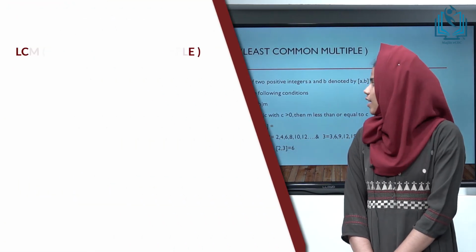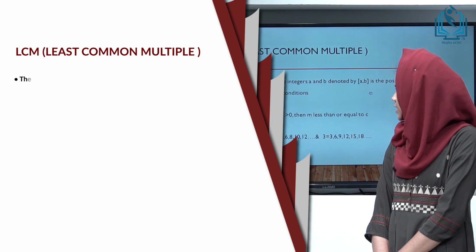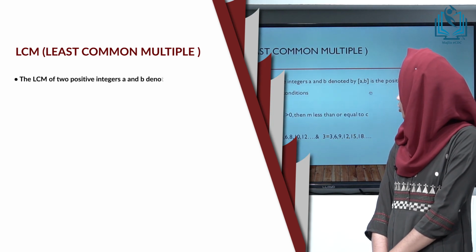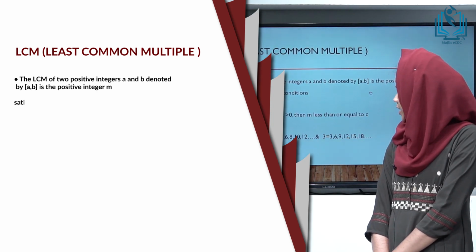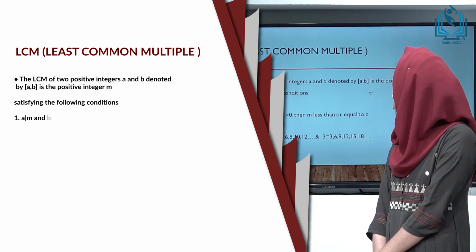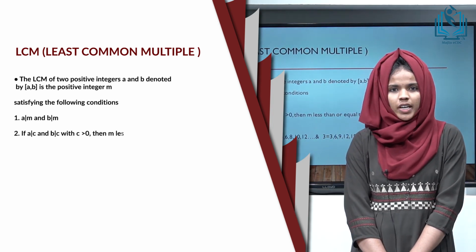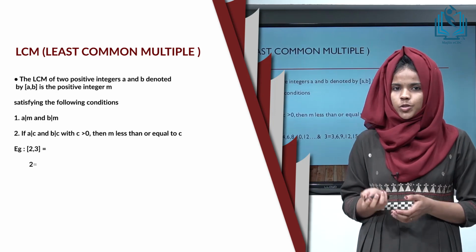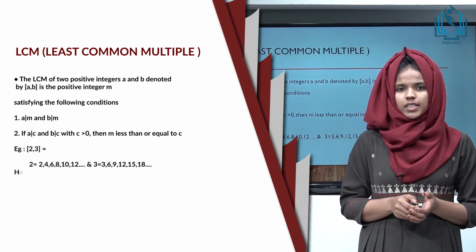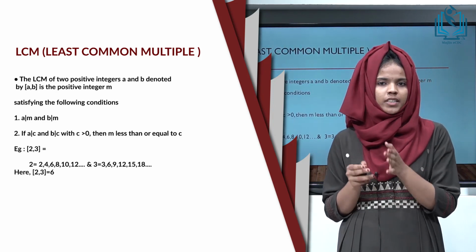Definition: the LCM of two positive integers a and b, denoted by square bracket ab, is the positive integer m satisfying the following conditions. There are two conditions for LCM. First one is a divides m and b divides m.